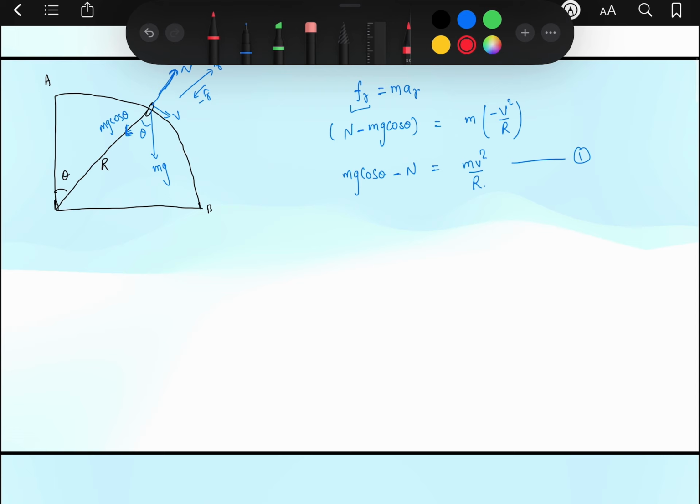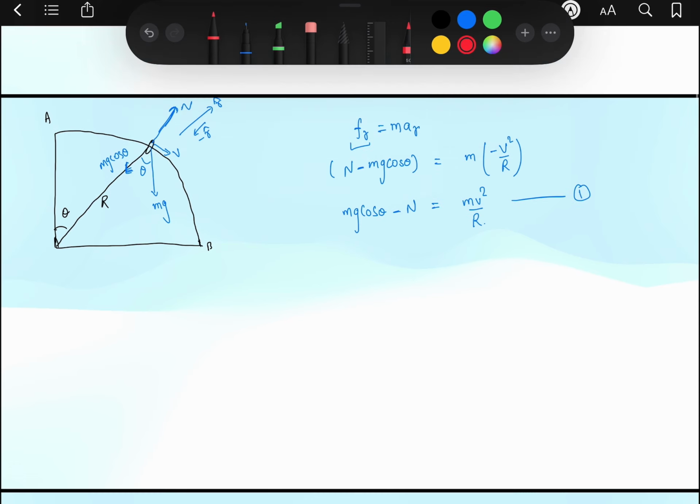Now I will have to apply the conservation of energy at this stage. If I draw this level, it is having zero potential energy. So what is the potential energy at this point A? Initially at point A, the velocity of this bead was 0.